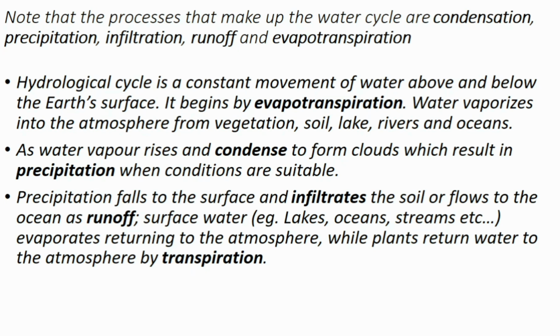Yes, the first one we have seen is that during the day, when there is sunshine, the water from the lake, soil, vegetation, and river will evaporate into the atmosphere by the process of evapotranspiration.